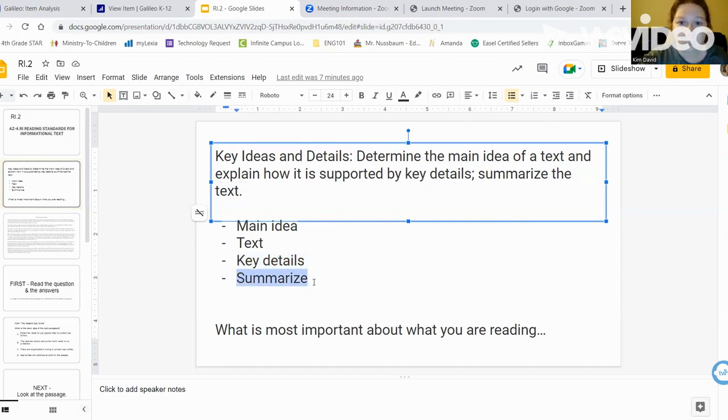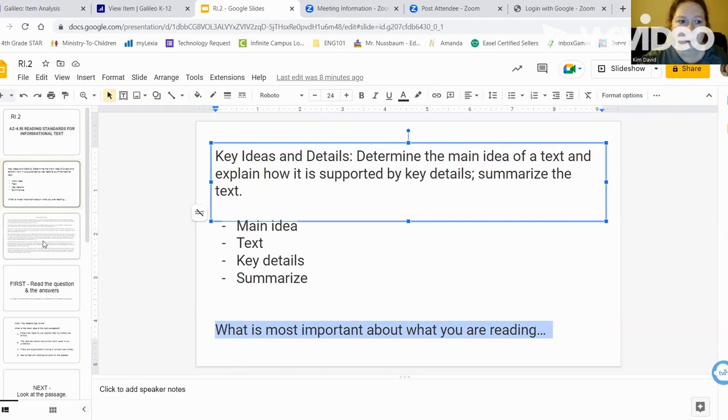How do you take 5 paragraphs and shorten it into 3 or 4 sentences without losing out on what the author is trying to tell you? So, really, what is most important about what you are reading?